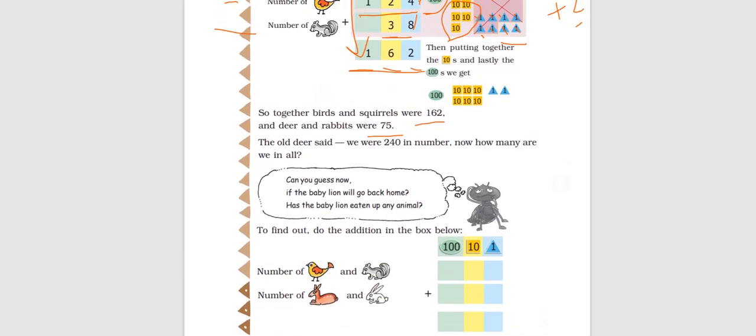Okay. Now we are supposed to add all these together. The birds and the squirrels are 162, right? And the deer and the rabbits were 75. So you have 2 ones and 5 ones, which is 7 ones. And over here you have 6 tens and 7 tens.